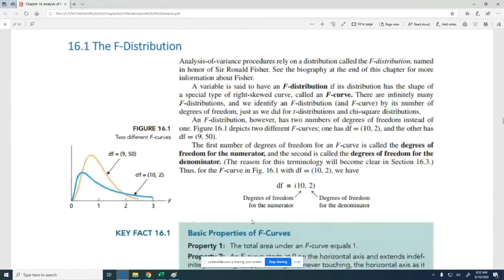The F distribution is right skewed and non-symmetrical. It has only non-negative values because it is a ratio of variances, and a variance must always be positive.